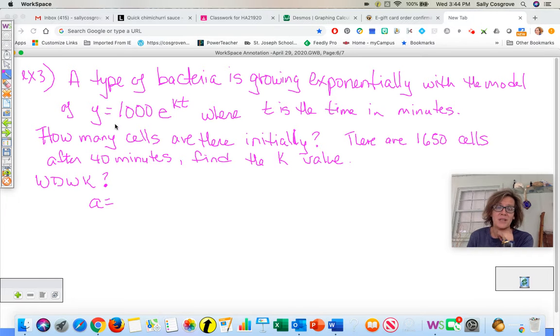According to the equation, our initial amount is 1,000 cells. e is e. k, we don't know k, do we? That's what we're asked to find, right? So then what else do we have? Well, we have t. What is our t?